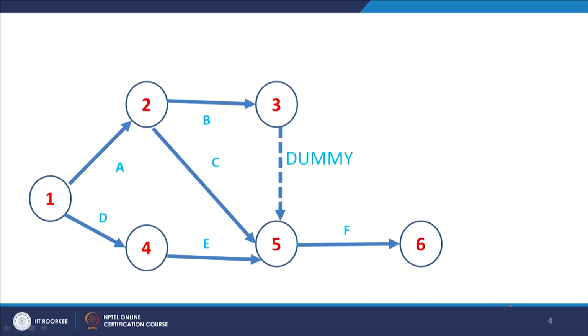Considering the precedence requirements, A and D have no precedence requirement, so both can be started at the same time like this, and B can be started only after the completion of A.